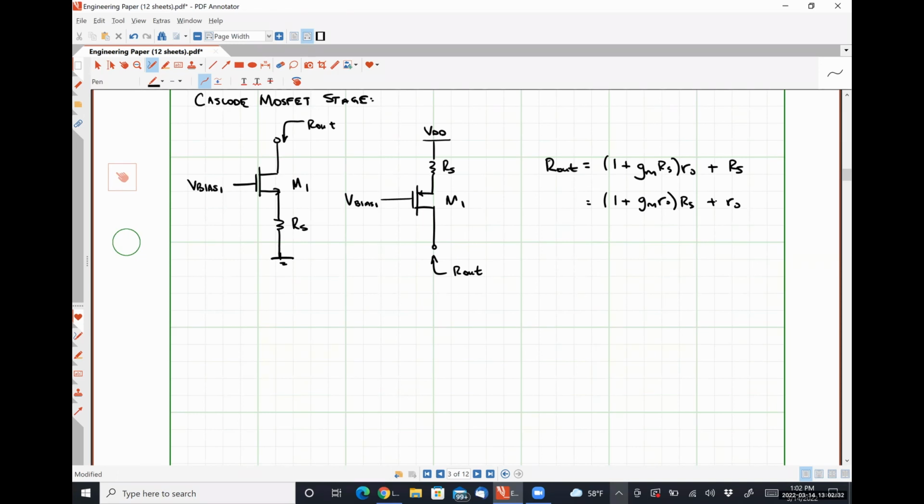Fairly straightforward. Well, as you can imagine, we're going to run into that same problem of a trade-off between headroom and output resistance, right? Because we need our device to be operating in the saturation region in order to get the largest possible gm out of it. So we can cascode MOSFET transistors as well. I had you guys kind of do this on one of your homework sets last quarter.